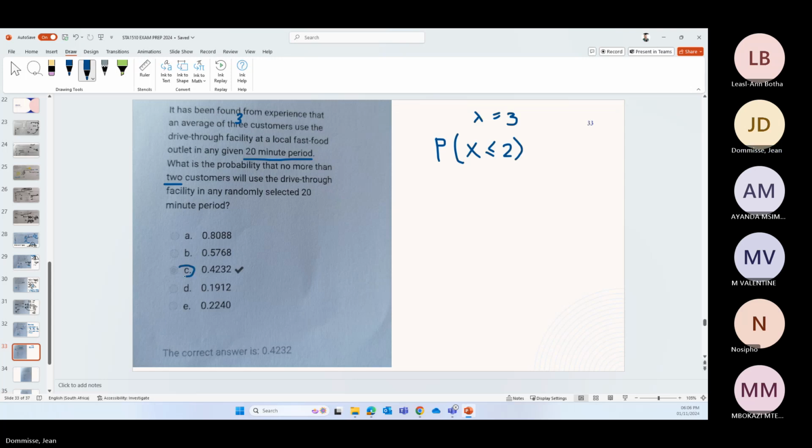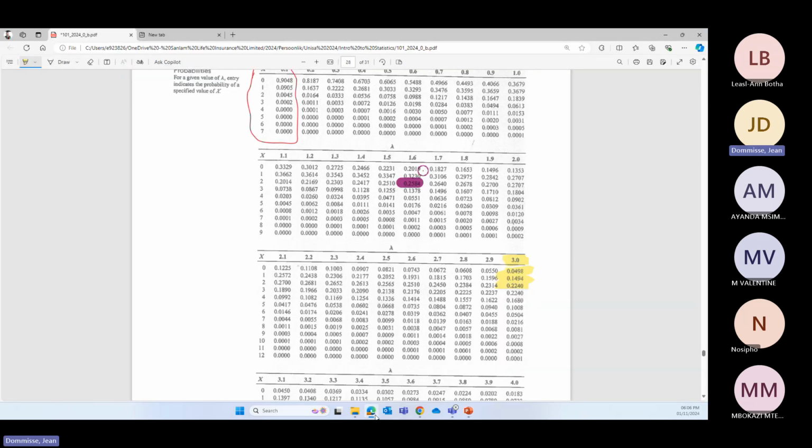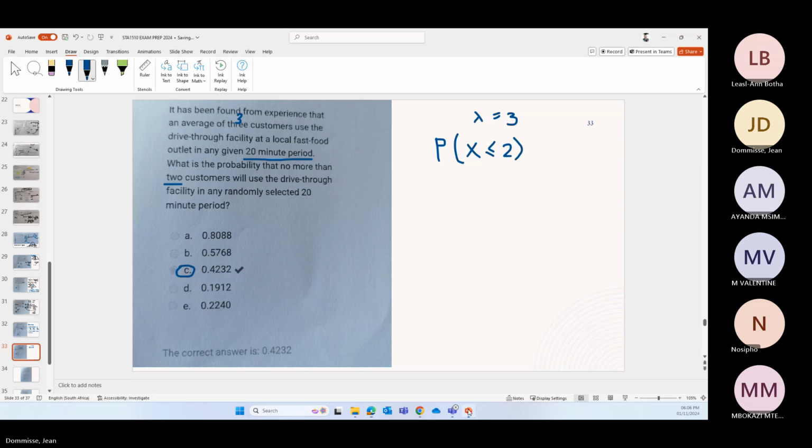So that is from the Poisson distribution, lambda equal to 3, small x equal to 2. So we can add those 3 probabilities, and then we will get the 0.4232.